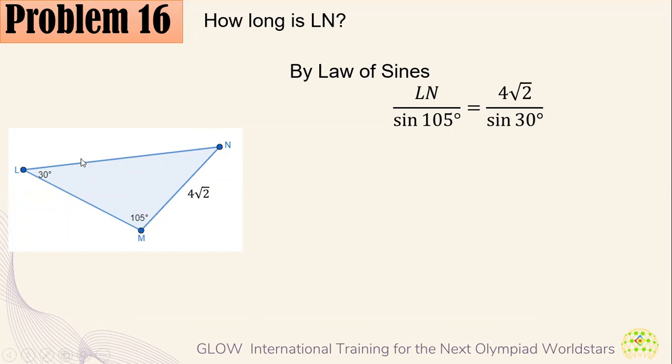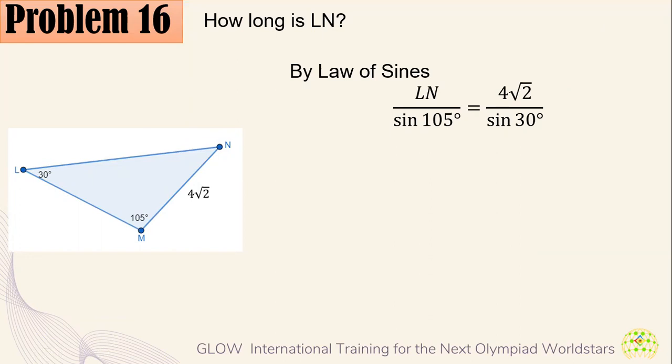Or if you took the reciprocal, no problem, as long as if it's side on top, it's side all throughout. But if sine of an angle is on top, then it's sine of the angle all throughout as well. So in here, I have LN, this side over sine 105 degrees, equals 4 square root of 2 divided by the sine of its opposite angle. So we have sine 30 degrees.